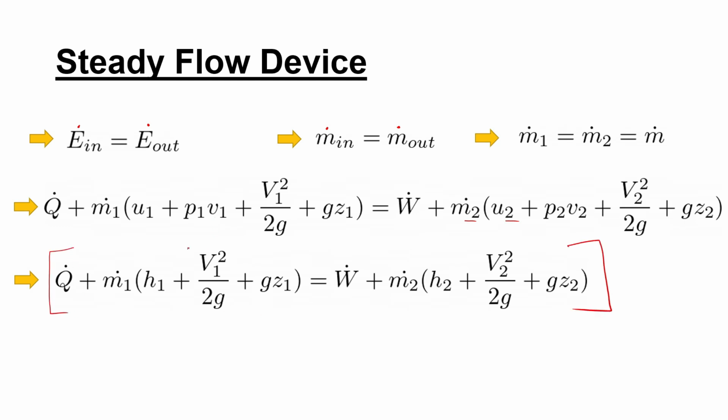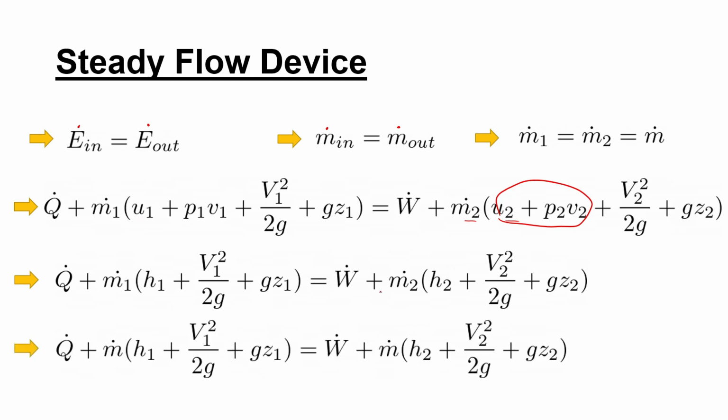This is our steady flow energy equation, because U1 plus P1 V1 is the enthalpy H1, and U2 plus P2 V2 is the enthalpy H2. So this equation is called the steady flow energy equation.